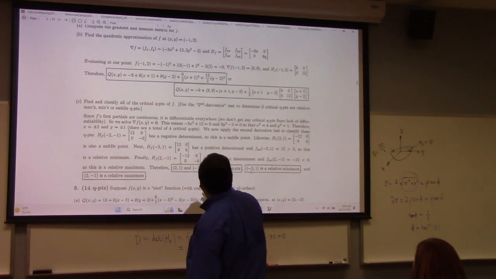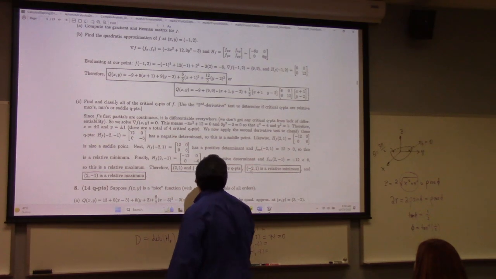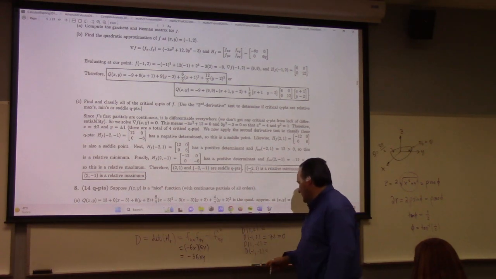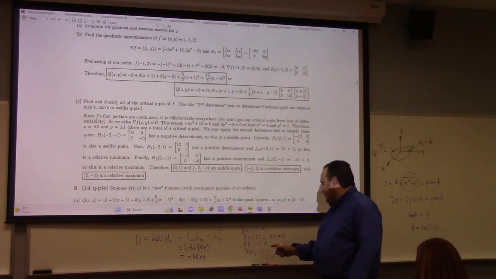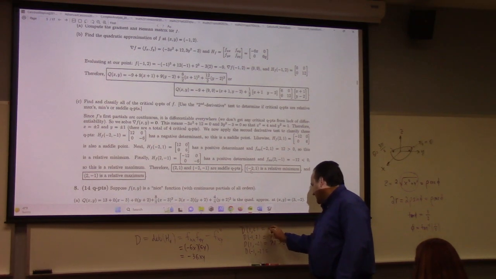Minus 6x. So we've got minus 6x times 6y, and the xy term is 0, right? So my determinant, big D, as the usual books call it, is minus 36xy. If the components of the critical point differ in sign, it's positive, and if they are of the same sign, it's negative.